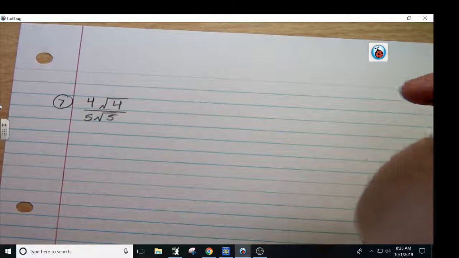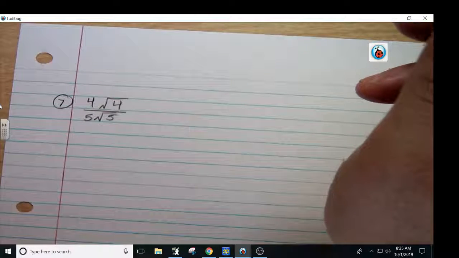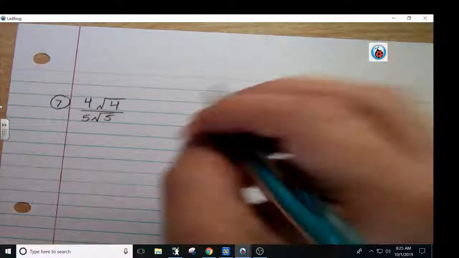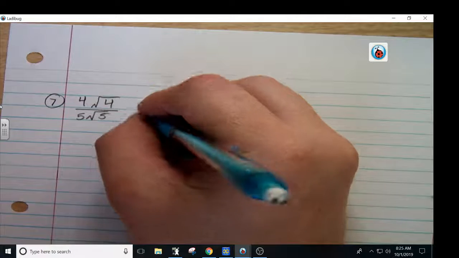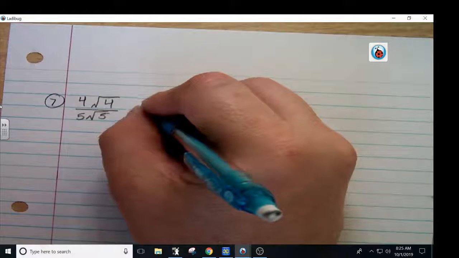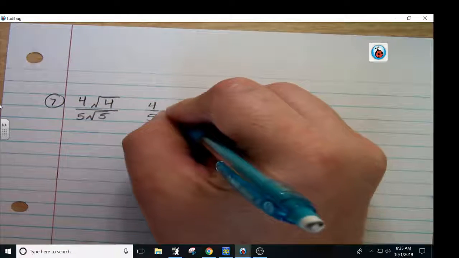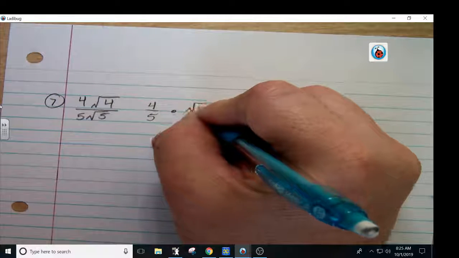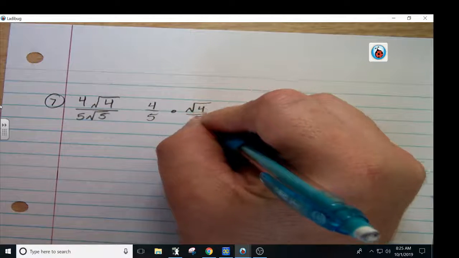I like cleaning it up first. If you can clean it up, it makes it a lot easier. Now, guys, you can rewrite this as 4/5 times the square root of 4 over the square root of 5. Okay. I can rewrite that.